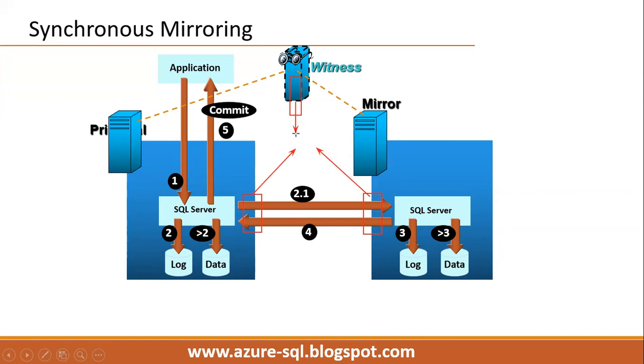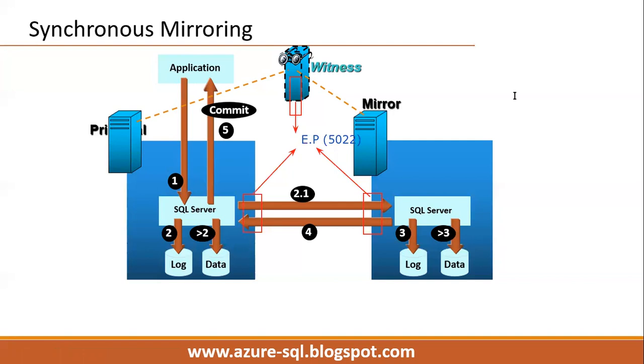Endpoint is nothing but a TCP port number. By default, the endpoint is 5022. Default endpoint in mirroring is what? 5022.